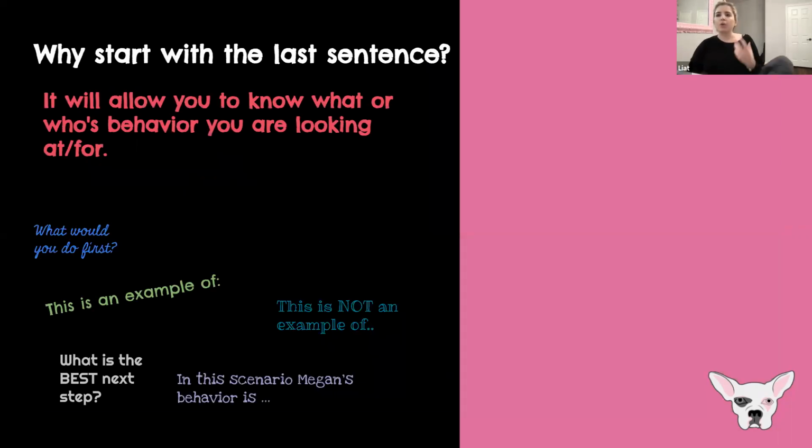Well, why do we start with the last sentence? It will allow you to know whose behavior you're looking at, right? In a scenario or in everyday life, even right now, looking at everyone, I could be like, okay, Lauren's sitting there taking notes, collecting data as my cardio shirt.